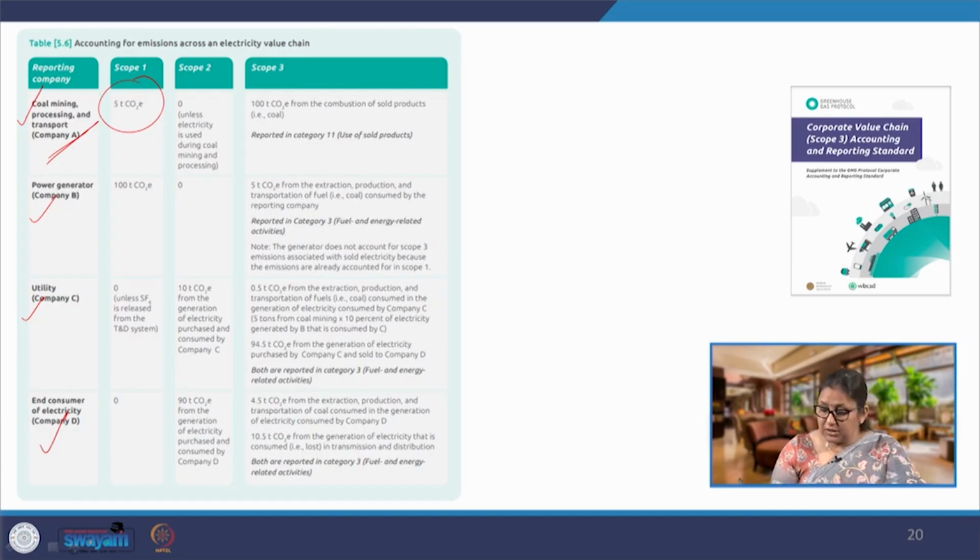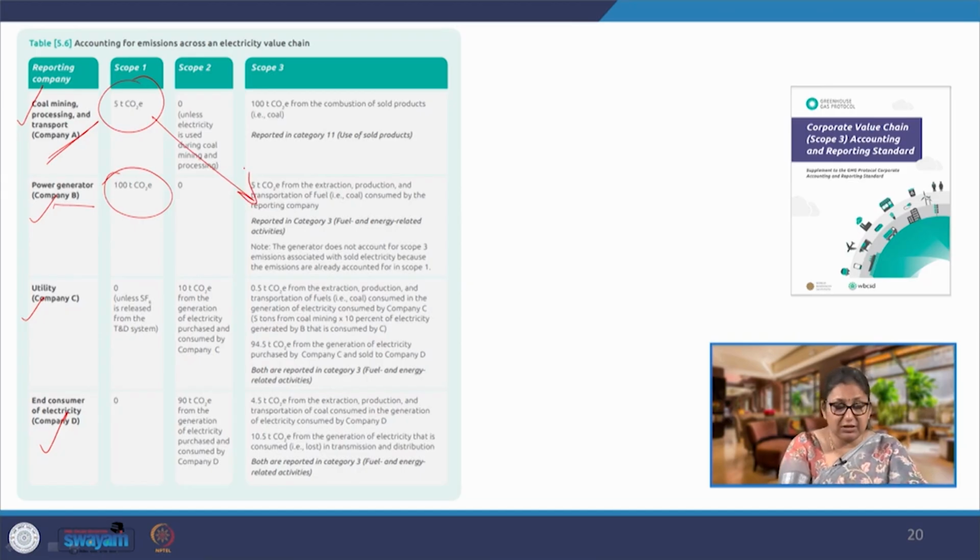For a power generator company, company B, which is generating power in a thermal power plant, the 100 tons of carbon dioxide that is going to be released is actually scope 1, and for them the 5 ton will become scope 3, because it is the upstream activity that is going to happen.